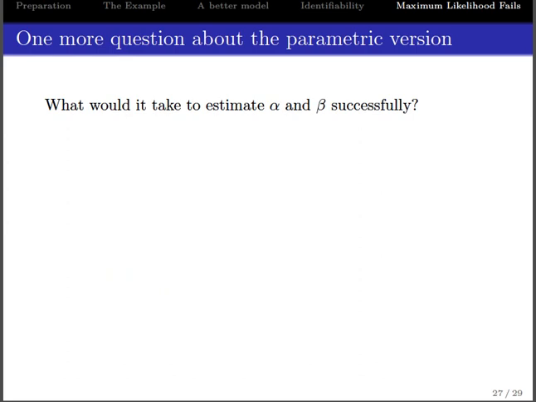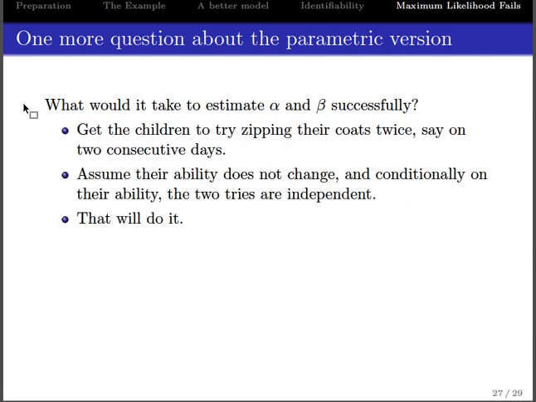One more question about the parametric version, that is where you have a beta distribution for the probability of success. What would it take to estimate alpha and beta successfully? Because we can't do it with the usual data set. Try this. Get the children to try zipping their coats twice, maybe on 2 consecutive days.